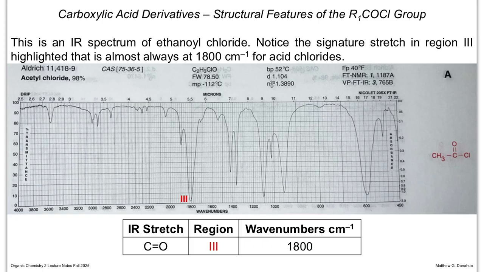So we can see by this 2-carbon acid chloride, acetyl chloride, if you look right there, the tip of that peak is right at 1800. So regardless of whatever this group is, that carbonyl is almost always at 1800.